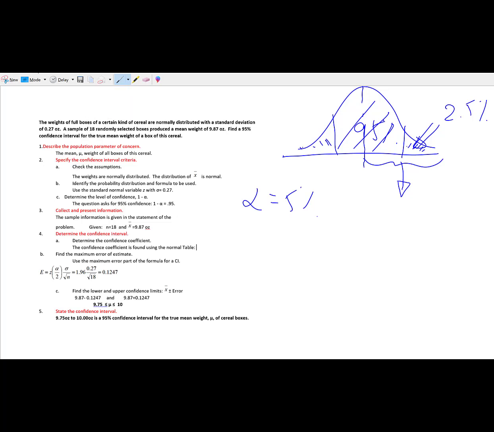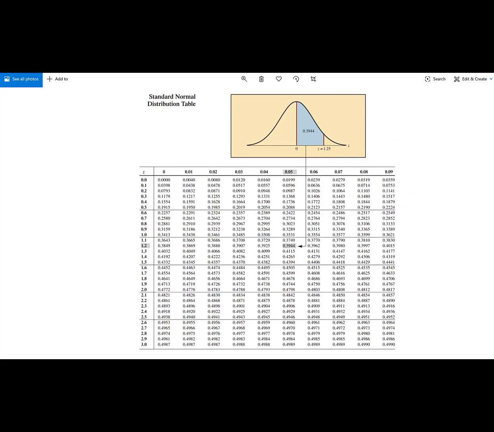So the area that we can read from the table is 0.4750. So we need to use the normal table to identify z corresponding to this area of 0.4750.